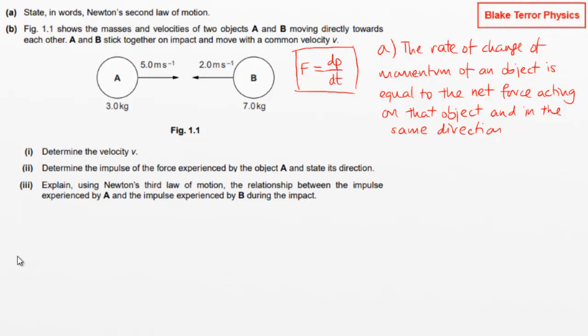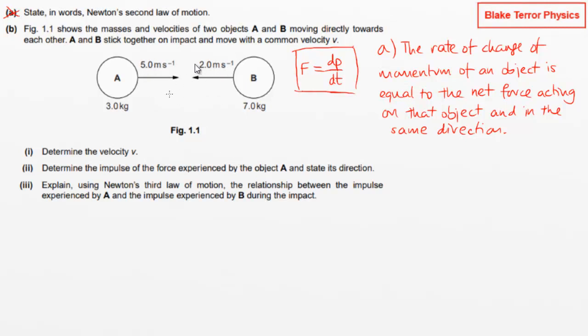So the rate of change in momentum of an object is equal to the net force acting on that object and in the same direction. Although that sounds relatively complicated, and a lot to remember, all we're really doing is learning how to describe a formula: say what is on each side of the equation and then bring in direction if it's got vectors. So that's fine for part A.